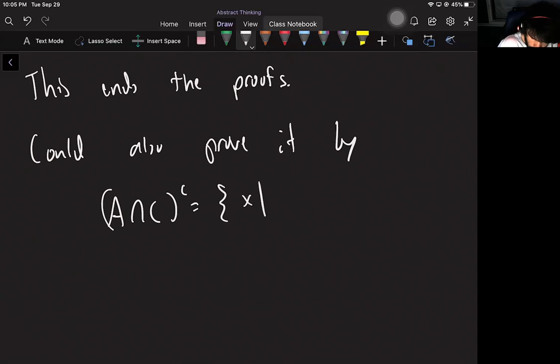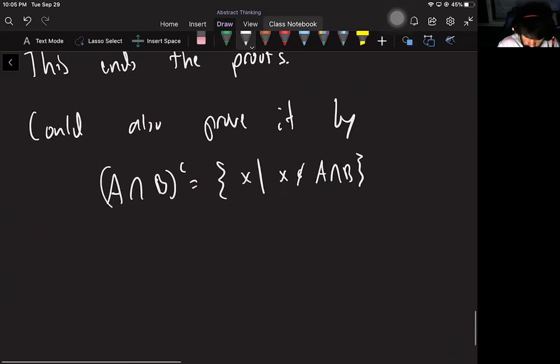So you could just say, what is this really? Oops, sorry, that should be a B. You could really just say it's a set of things that are not in A intersect B. And then you could just manipulate logical symbols to get to the other set.